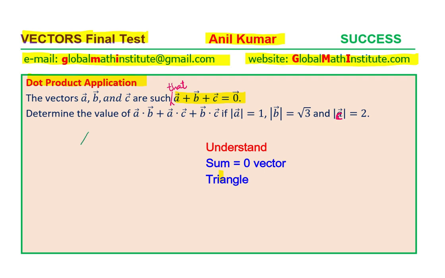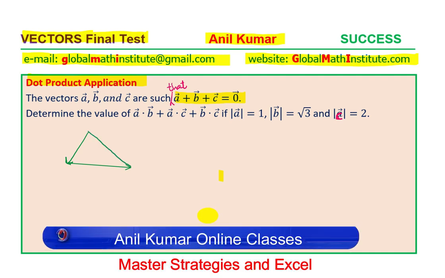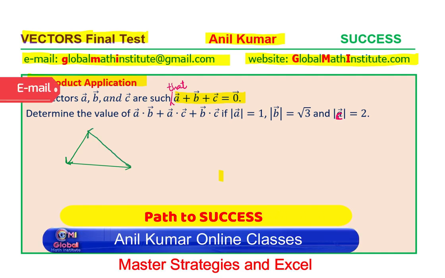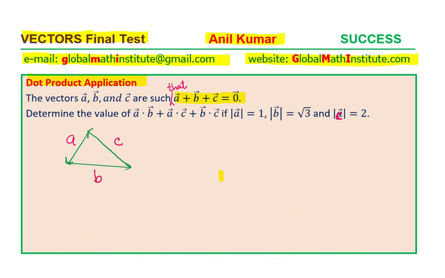So you can say something like this: A, and then B, and then C. That becomes a kind of triangle. Let me just draw this line better. So you can see now that A, B, and C form a triangle.